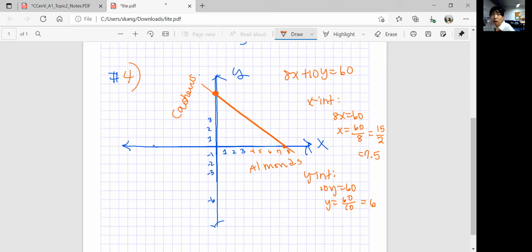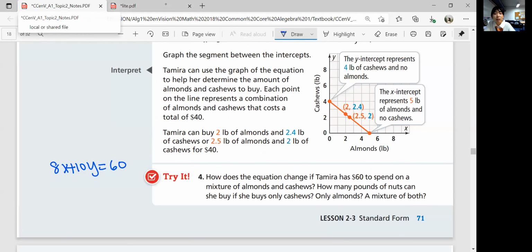So if you have no almonds, then you can buy how many cashews? 6 pounds of cashews total, right? They're all in pounds. Okay, if you buy no cashews at all, if cashews are 0, then how many pounds of almonds do you buy? 7.5 right here, right? So those are your answers.